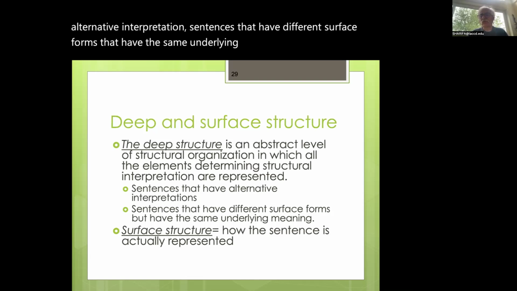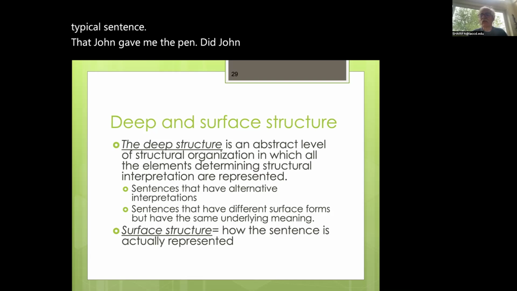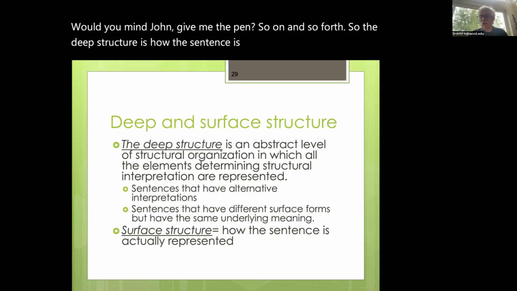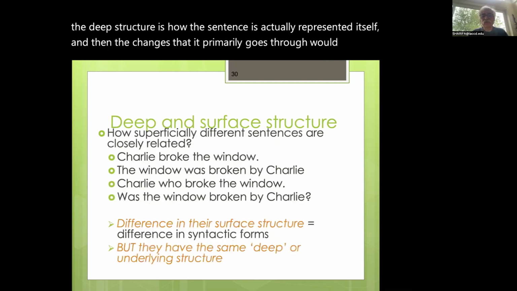For instance, a typical sentence, John gave me the pen. Did John give me the pen? Would you mind, John, give me the pen? So on and so forth. So the deep structure is how the sentence is actually represented itself. And then the changes that it goes through would be the surface structures.